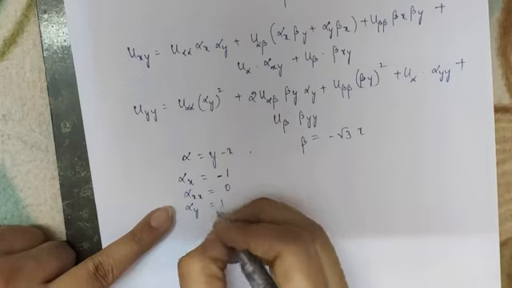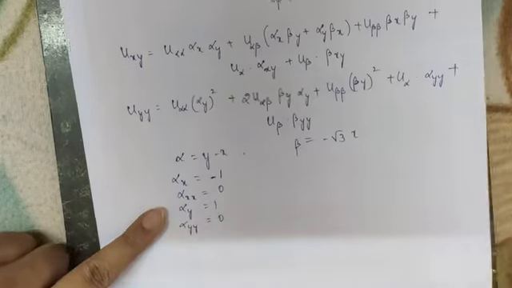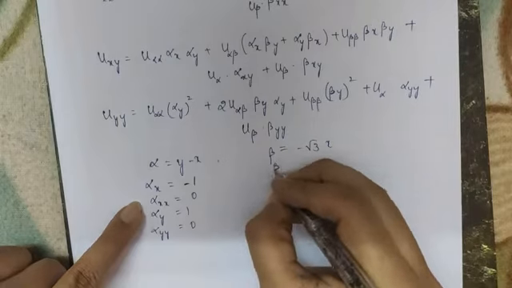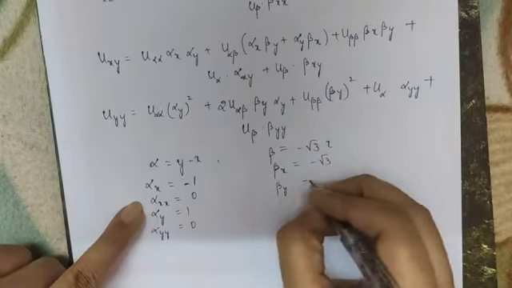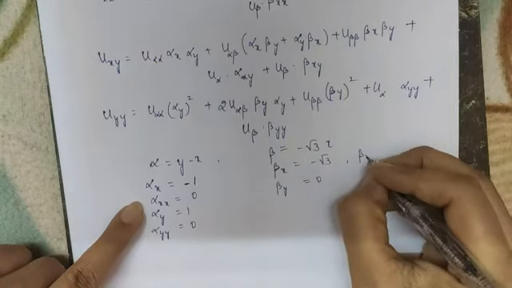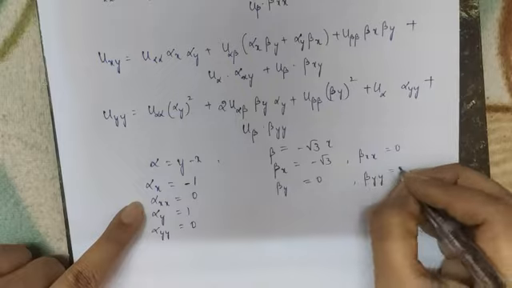Alpha y is 1. Alpha yy is 0. Right? Similarly find beta x. Beta x is minus root 3. Beta y is 0. Beta xx is 0 and beta yy is 0. So let's substitute these values into these formulas now.